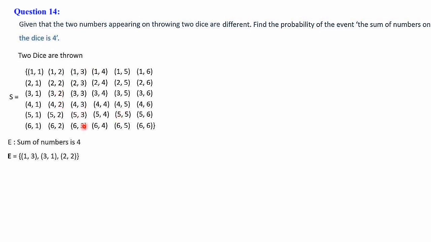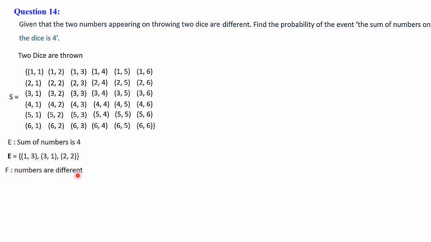Either you can write the sample space and from it write the elements of E, or else you can simply write the number of elements of the sample space, because we want the number of elements for finding the probability, and you have to use your sense to find the elements of E. Means the pairs whose sum is 4 are the favorable outcomes: 1 3, 3 1 and 2 2.